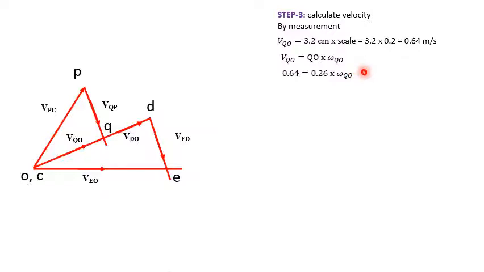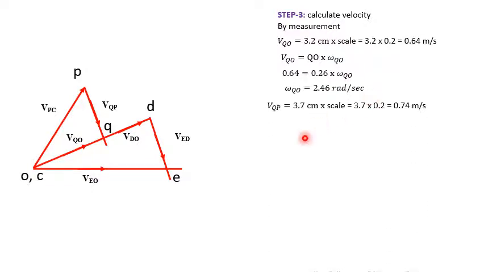So VQO I got 0.64 meter per second, and the length of QO is 0.26. I want omega QO, so here we have to take the length from the configuration diagram. Therefore omega QO is 2.46 radians per second.